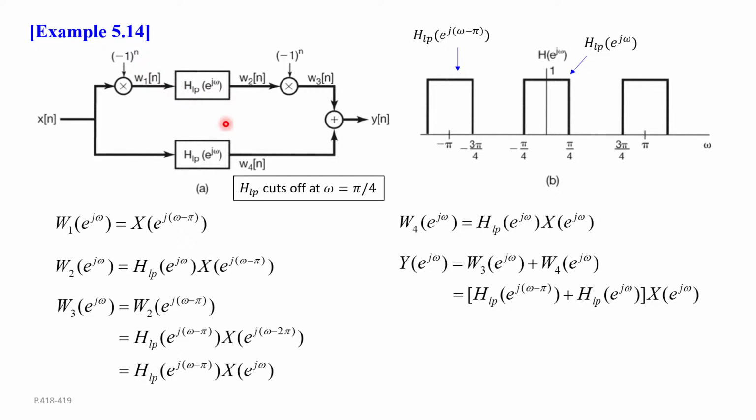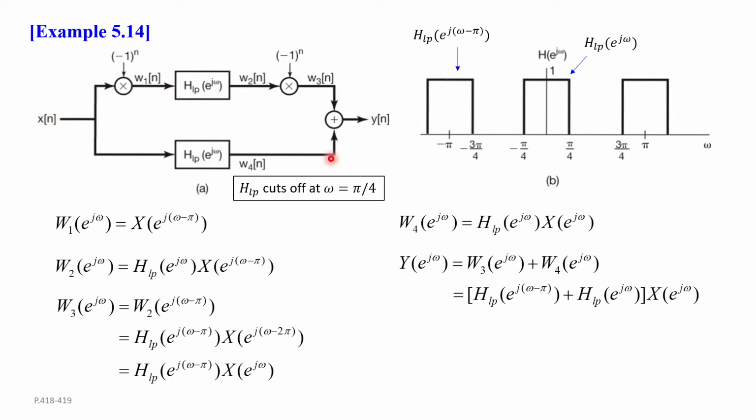So we start with the low pass filter here, H of low pass, which is just a low pass filter that cuts off at omega equal to pi over 4, and we are restricting on the base period here, so everything on this picture. So we say our low pass filter is just this block, so we cut off at pi over 4 and minus pi over 4.